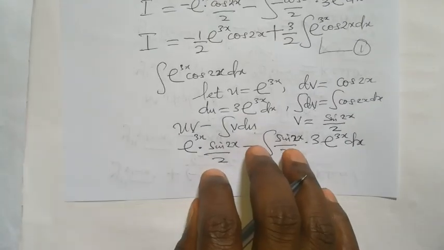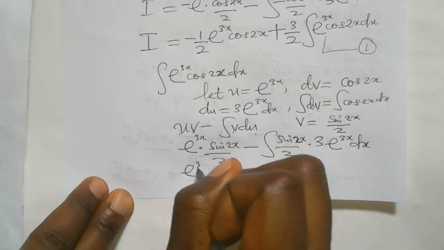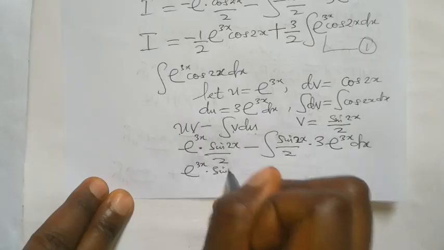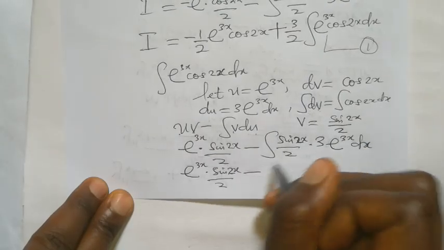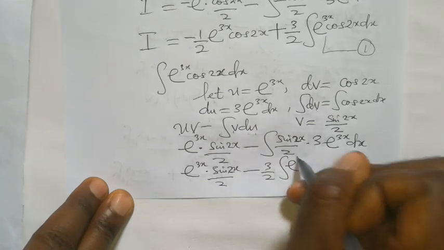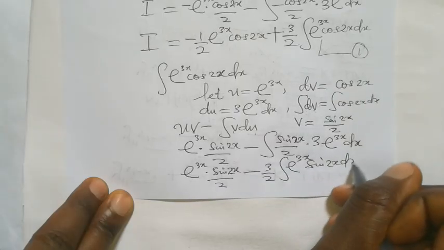So we are now going to have e to the power of 3x times sine 2x all over 2 minus 3, and the 2 will go out. Integral, I'll start by writing this, e to the power of 3x sine 2x dx.